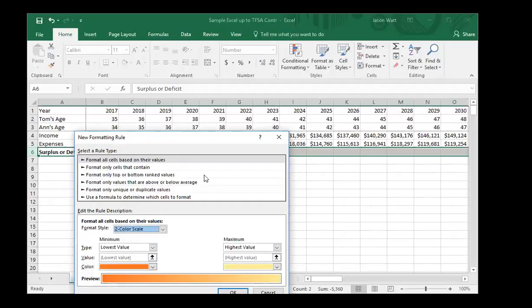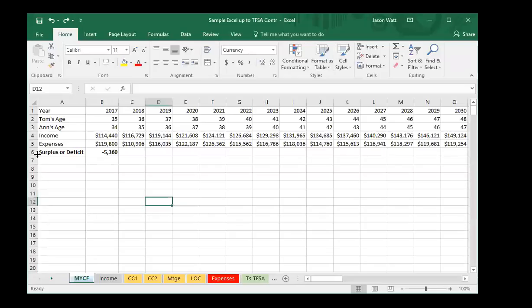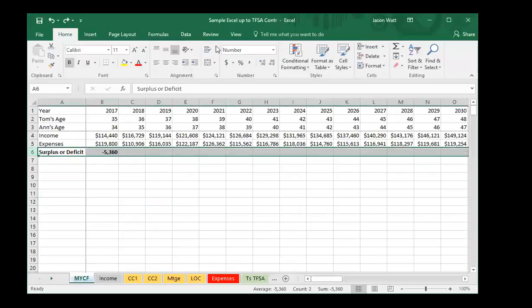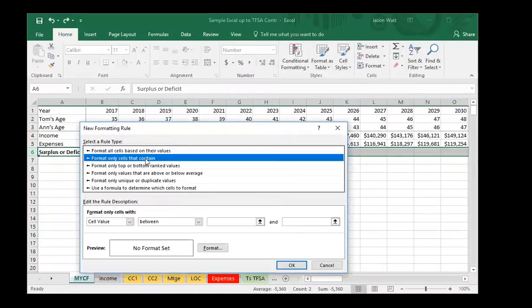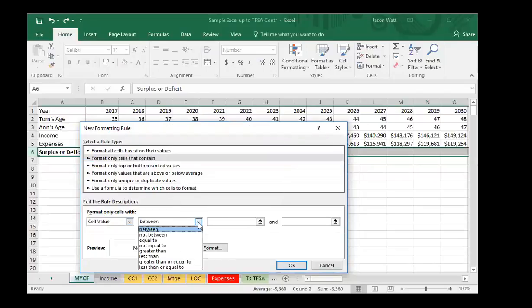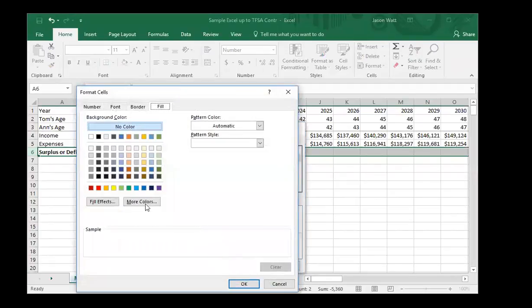Just bear with me for 1 second here. Sorry about that. So we select that, and we're going to do some conditional formatting here. We're going to do a new rule, and we're going to do format only cells that contain cells with values, and we're going to do less than, and just type in 0 here. So now it'll be anything less than 0, and I just have to hit format.